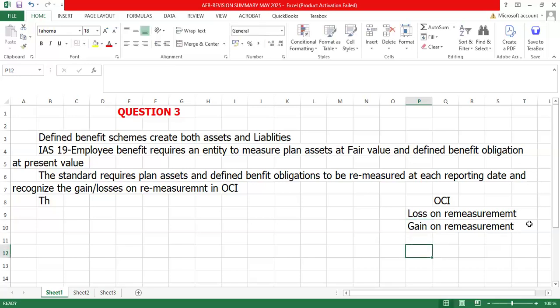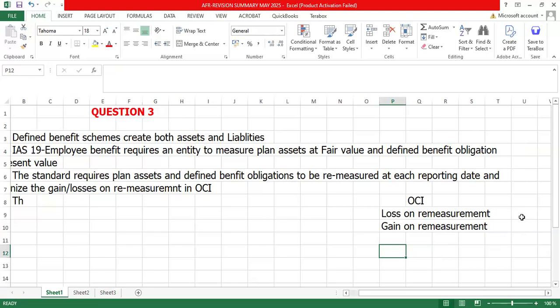If it's a loss, you put the figure in a bracket, like 2 million. If it's a gain, that figure must be positive. That is under OCI. Remember, after OCI, what you get is total comprehensive income.